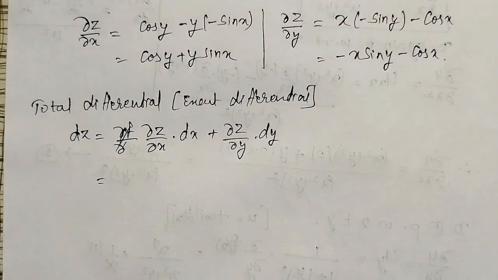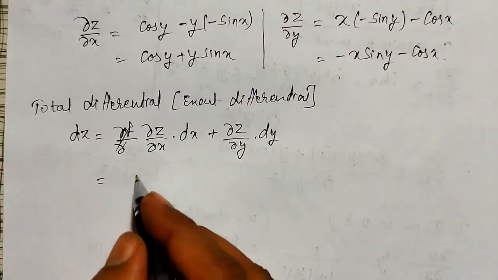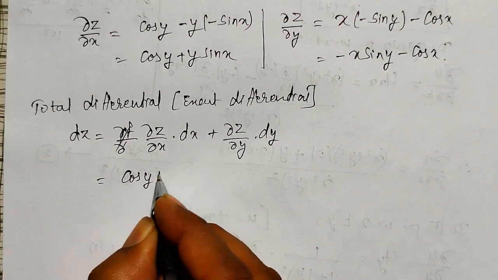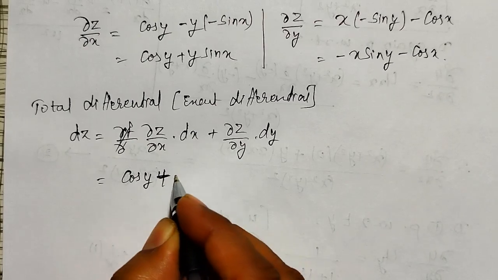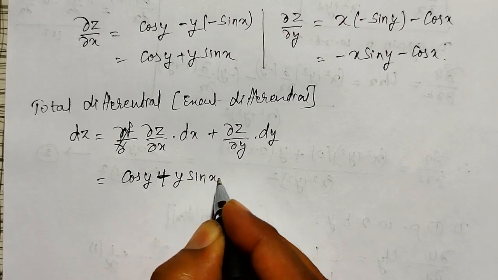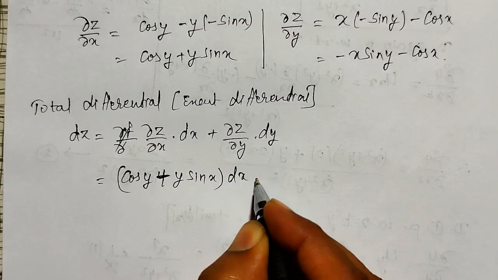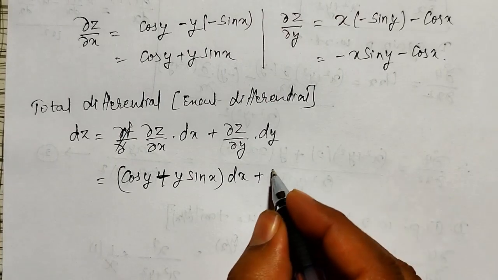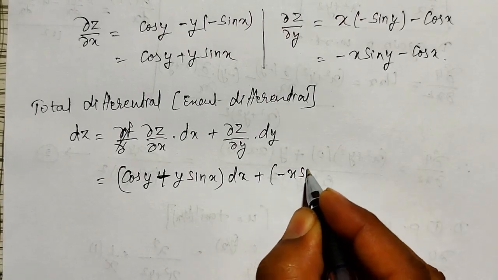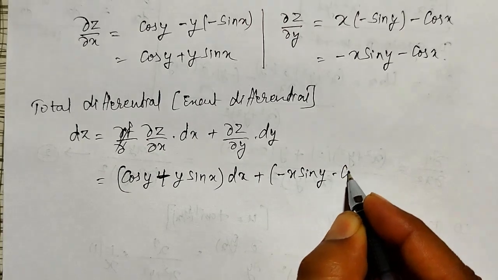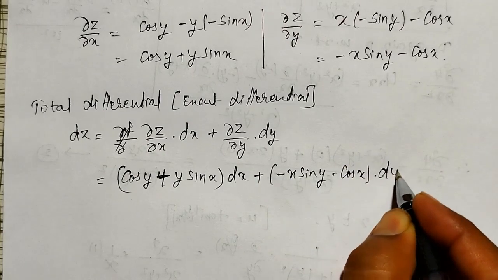This is nothing but dou z by dou x, which is cos y plus y sin x, into dx, plus dou z by dou y, which is minus x sin y minus cos x, into dy.